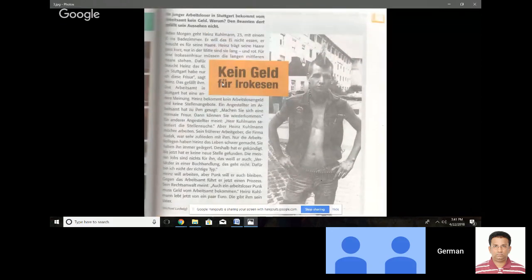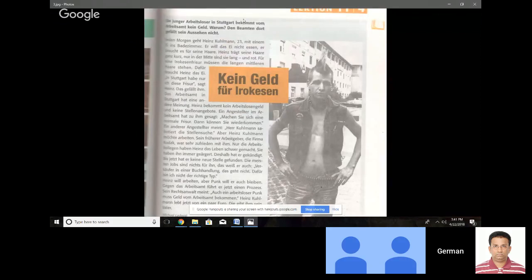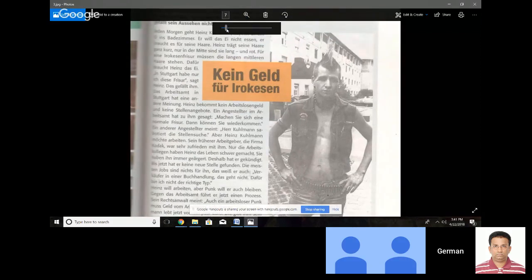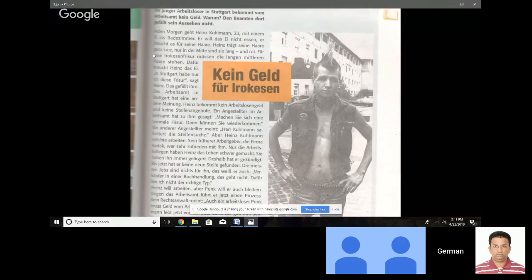If you could zoom in a little bit, because it's too small. What is that? Ei, ins Badezimmer. Er will das Ei nicht essen, er braucht es für seine Haare.